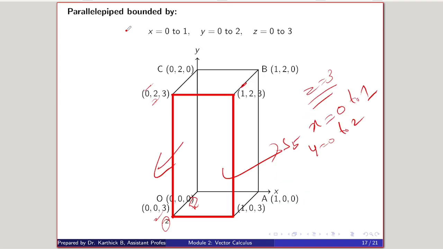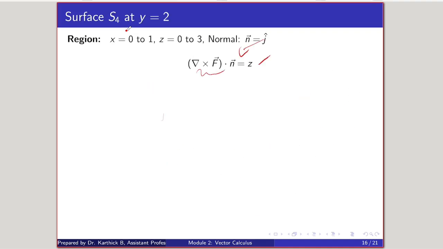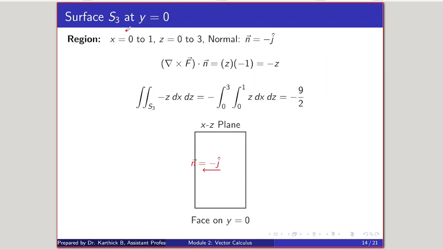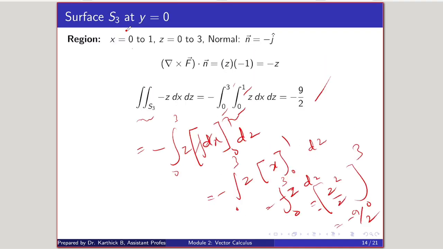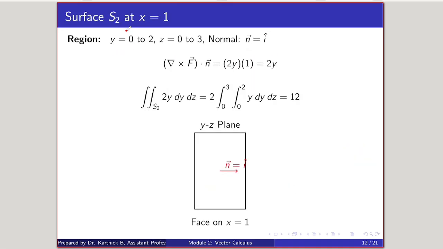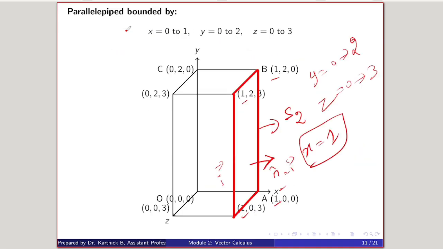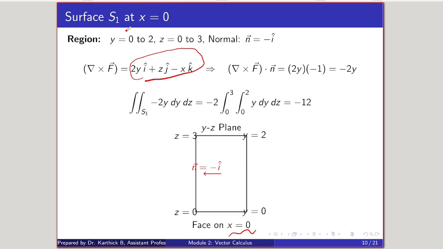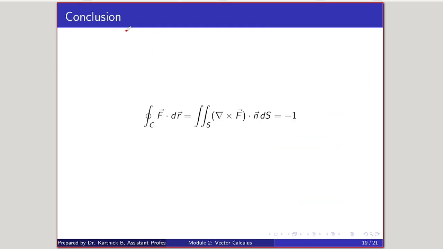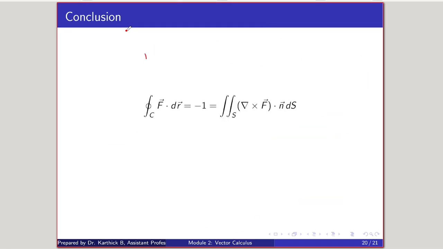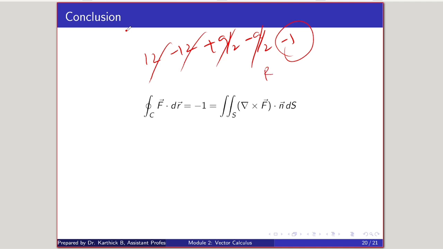If you go for previously, here it will be 9 by 2, minus 9 by 2, minus 9 by 2 plus 9 by 2 will be cancelled. Here it will be 12, here it is getting minus 12. So finally I'm getting 12 minus 12 plus 9 by 2 minus 9 by 2, at last minus 1. So everything gets cancelled. Our RHS part is minus 1.